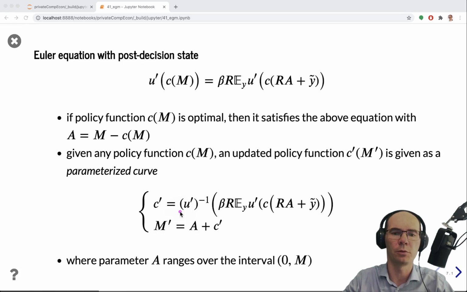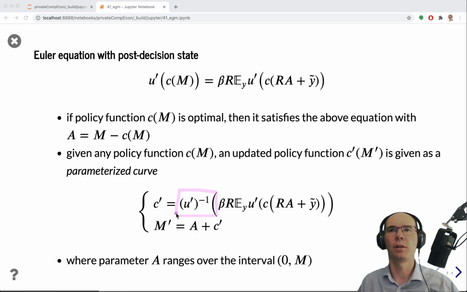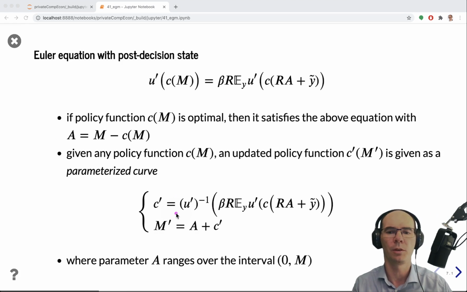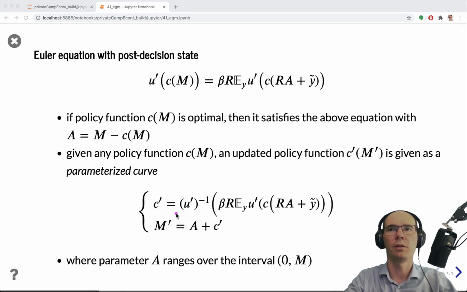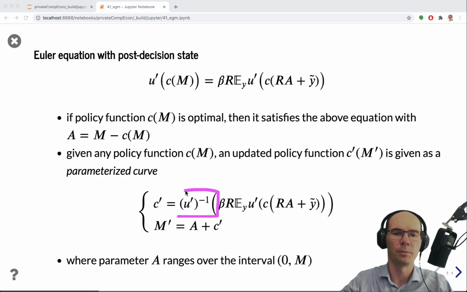No iterative solvers or anything like that. Of course, being able to do that is another condition to be able to apply EGM efficiently. So we have to have the analytic form of the inverse marginal utility function. If we do, then we can invert the whole Euler equation and calculate C prime, which is the optimal consumption in the current period, given the policy function C of M, and given some values of savings.